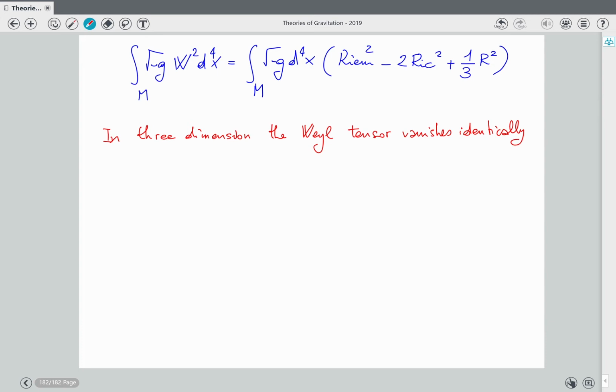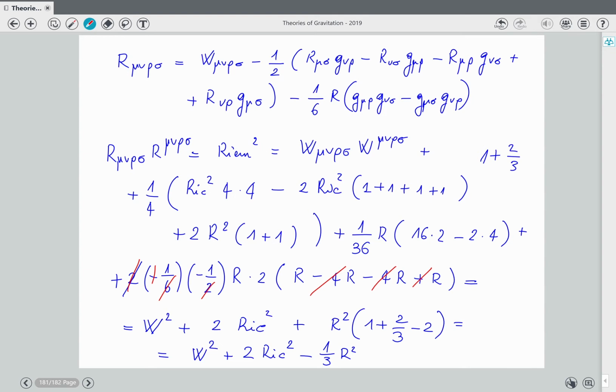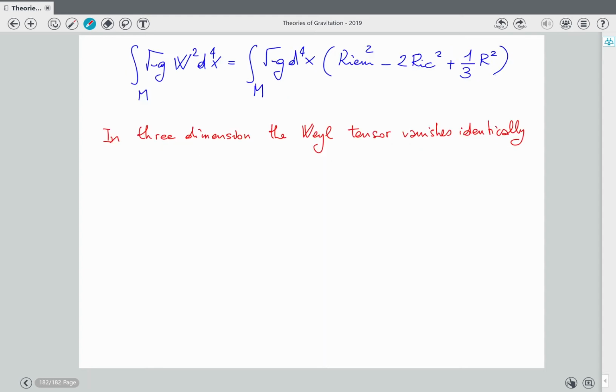Well, this is a fact. It means that basically in 3 dimensions, the Riemann tensor is not independent. It's just a combination of the Ricci tensor. So in particular, when you have your Einstein equations that tells you that the Ricci tensor is something in terms of matter, you already know everything in 3 dimensions. The theory is solved. You don't have to go from Ricci to Riemann, which is the difficult part, to solve the Einstein equations.